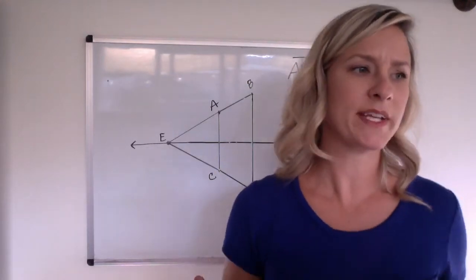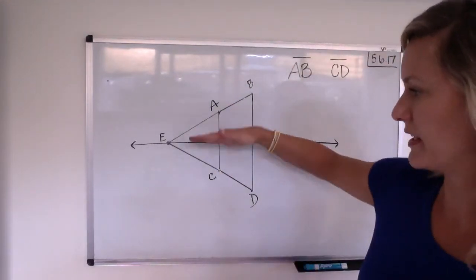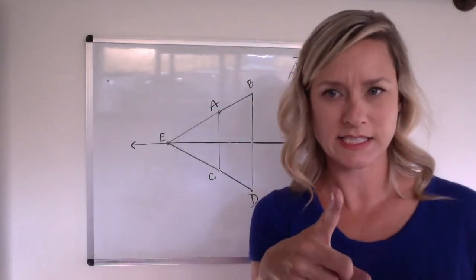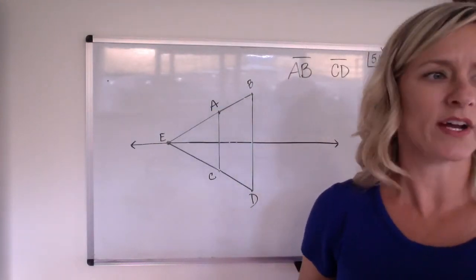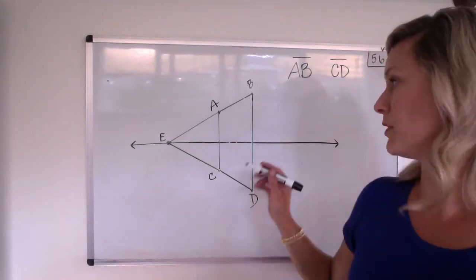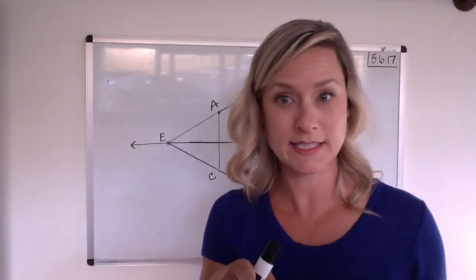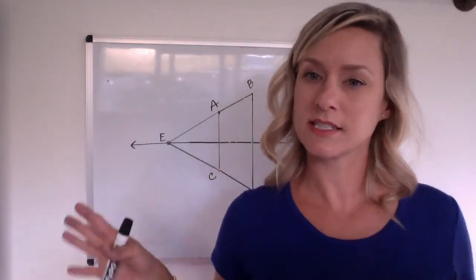All right, so point E. Is this still symmetrical from one side to the other? I'd say it is. Could we add on to it? Could we put more points on and continue adding on to this shape? I think so.